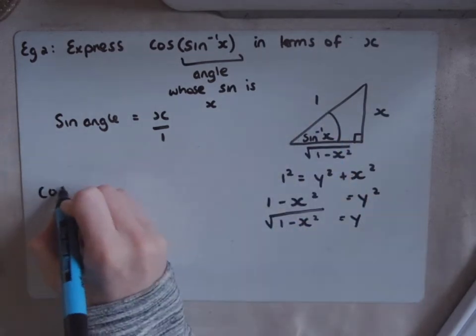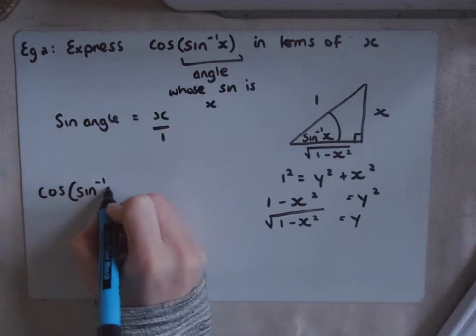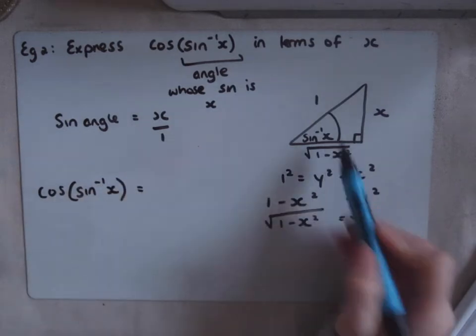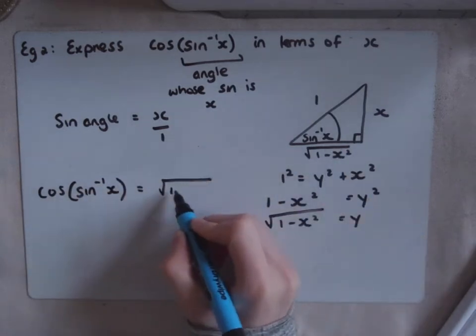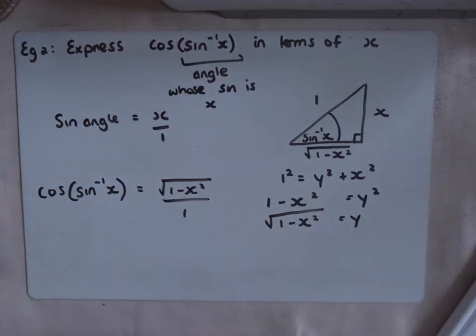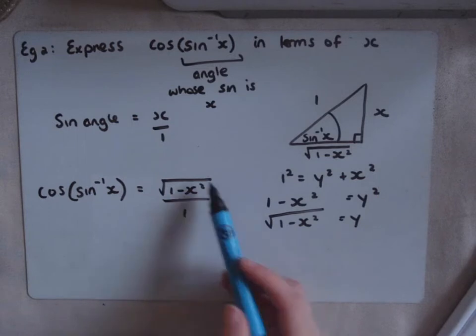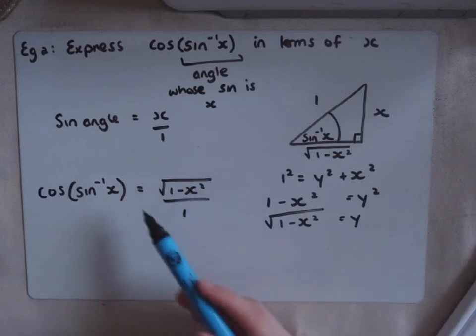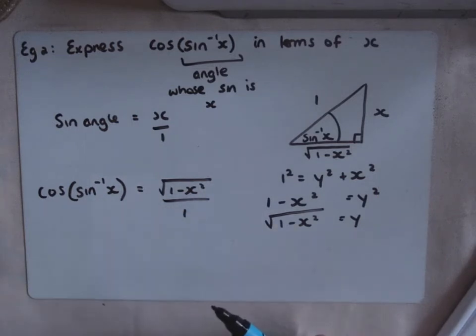So cos of my angle is adjacent, which is this thing, over hypotenuse. So it's just the square root of 1 minus x squared. Okay, they want it in terms of x. That means you can only have x's and numbers in the answer. Well, I do only have x's and numbers.